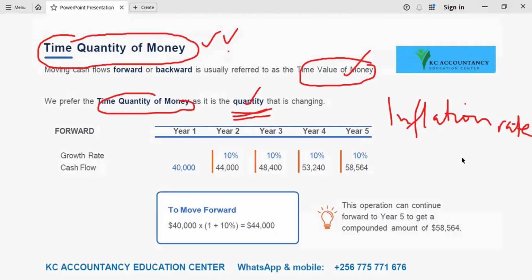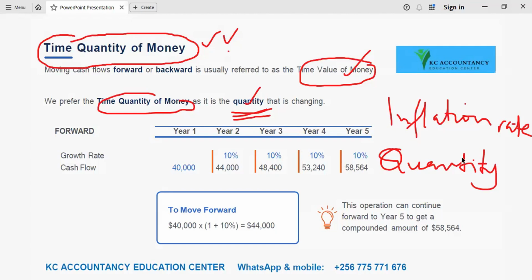But for now, in this discussion, we are going to focus on the quantity and how that quantity can change over time. I don't want you to assume that we are ignoring time value of money.